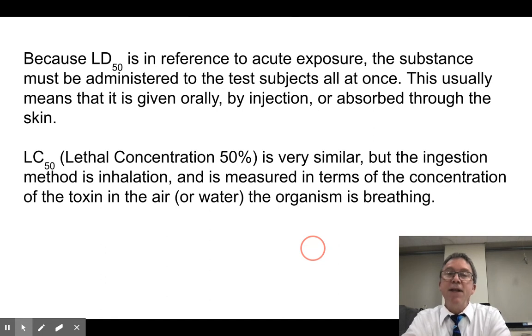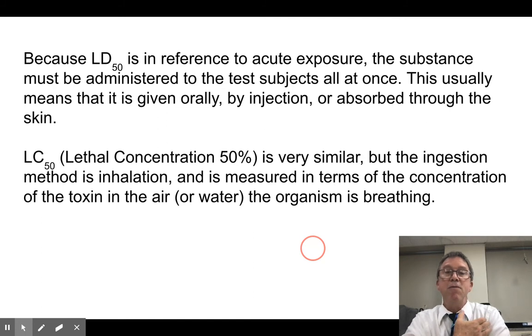So in that case, we talk about the LC50, which is the lethal concentration, and it's basically determined the exact same way, which we'll get to in a minute. But in this case, instead of it being milligrams of chemical per kilograms of organism, we want to put it in terms of the concentration in the mixture that's being breathed in.